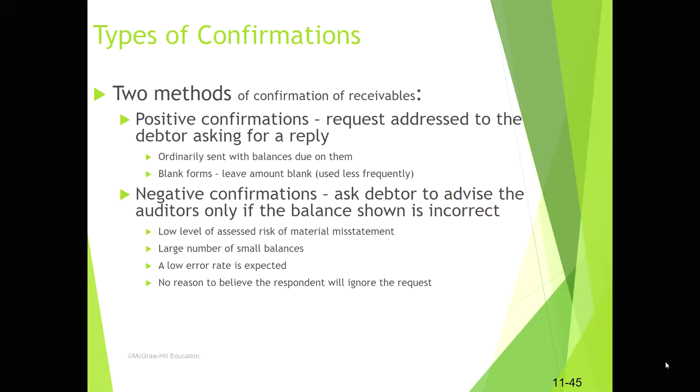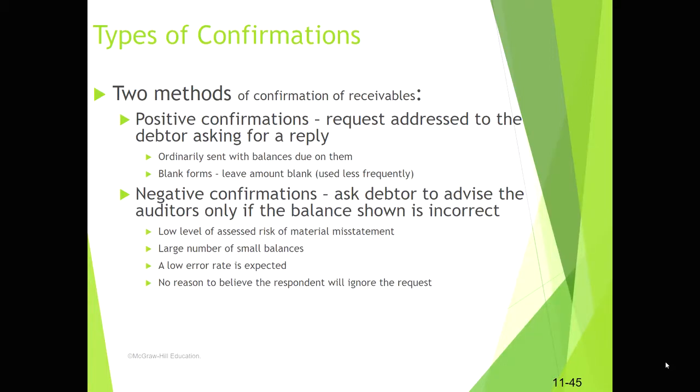It is a lower scope of confirmation, right? If you want to think about it, it's not going to give you as good evidence as a positive confirmation will. And so you only want to do that when you think there's a low level of risk of material misstatement, right?